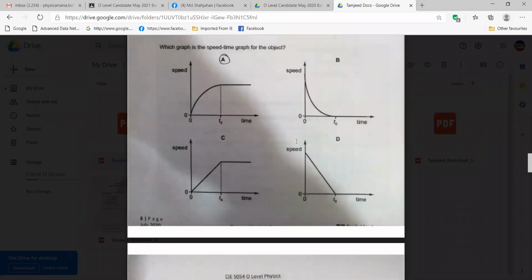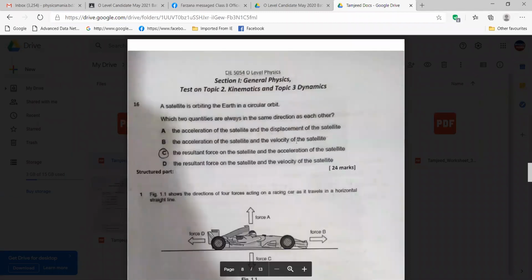This one is right. The resultant force and the acceleration of the satellite, which two quantities are always in the same direction as each other.